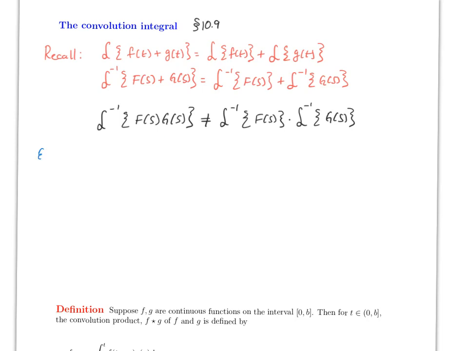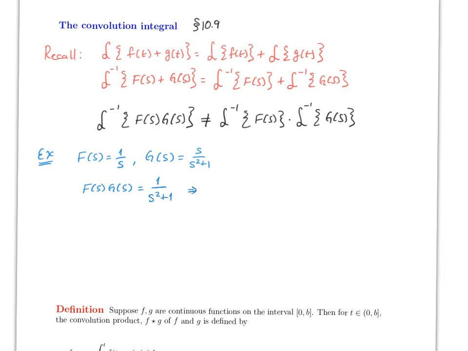For example, let's say you have this Laplace transform for the first function, and the second Laplace transform is equal to this. Okay. Then if you multiply both of them, f of s times g of s, you can see that the s will cancel, so you end up with 1 over s squared plus 1.